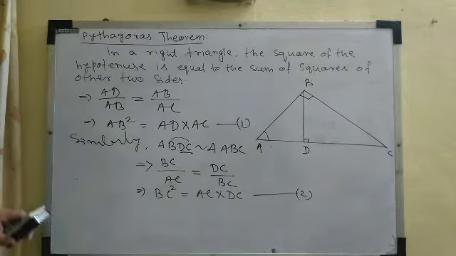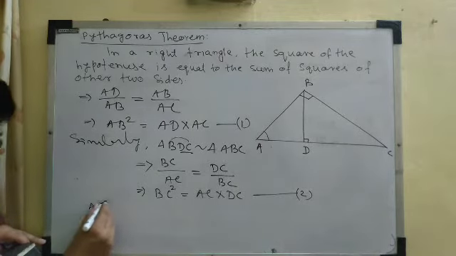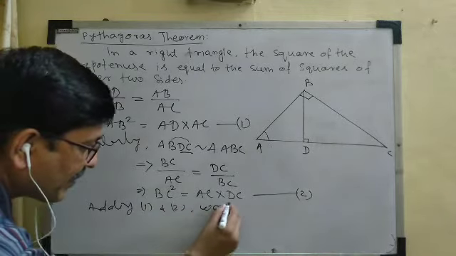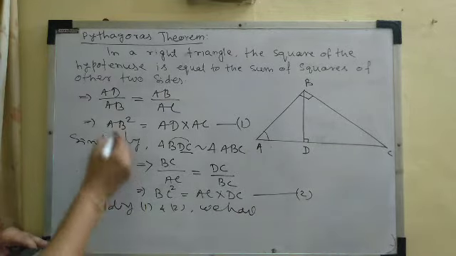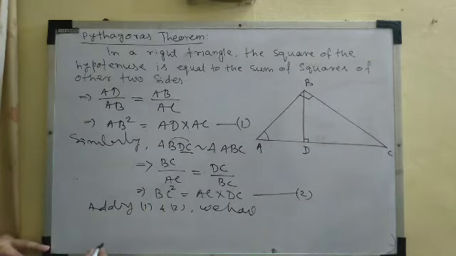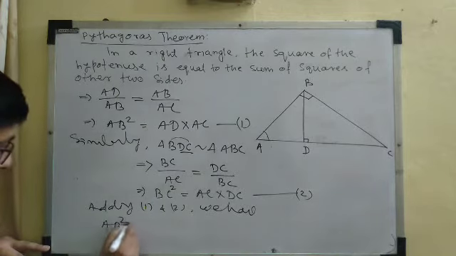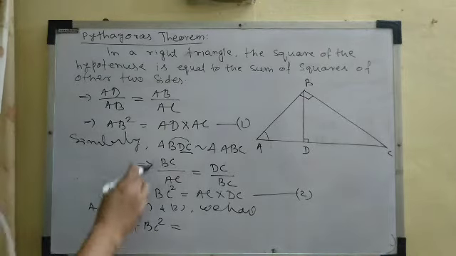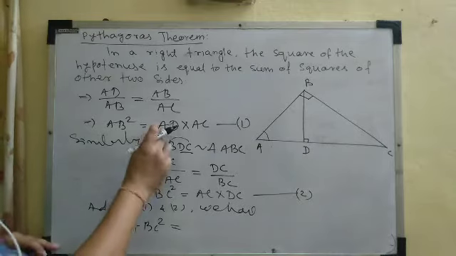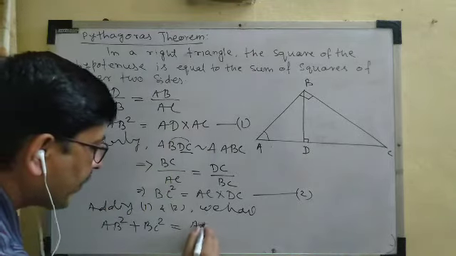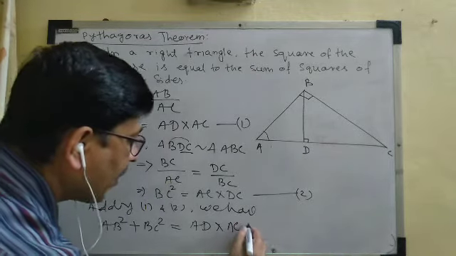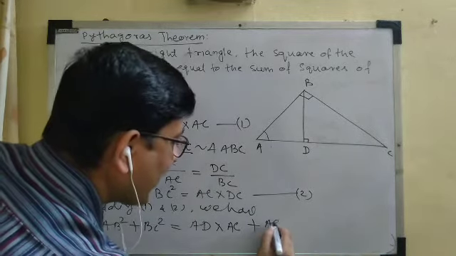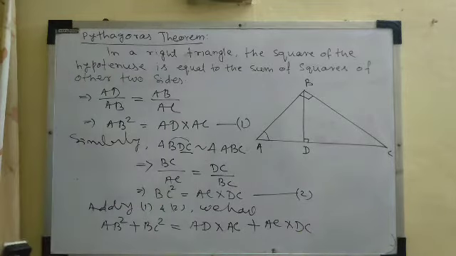Let us add equation 1 and 2. Adding 1 and 2, let us add left hand side of both the equations: AB square plus BC square is equal to AD into AC plus AC into DC.